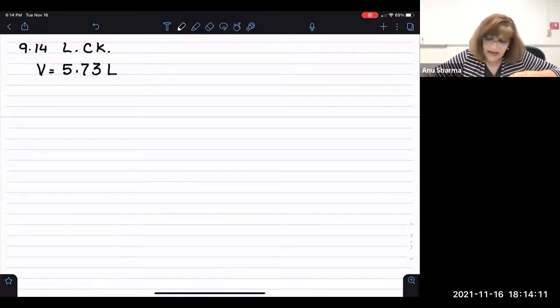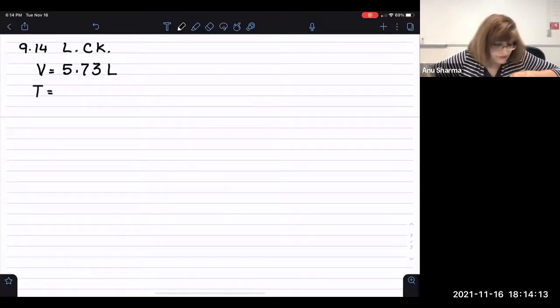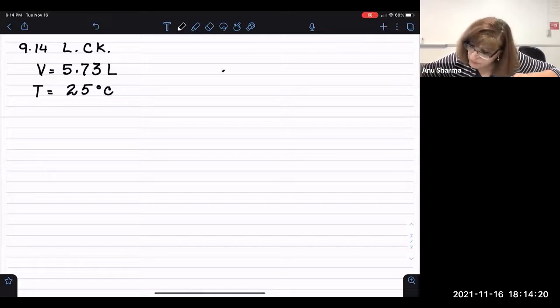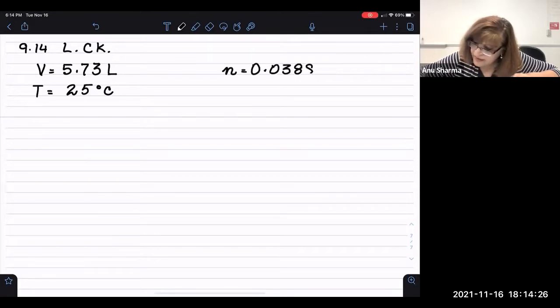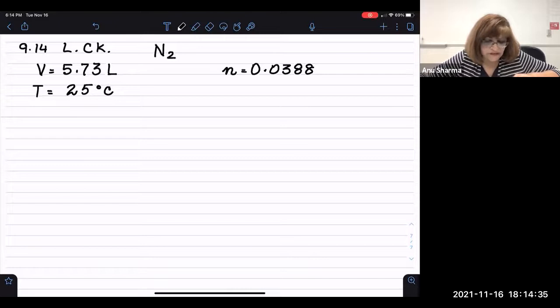It's a flask at the temperature of 25 degrees Celsius, containing 0.0388 moles of nitrogen gas. This is a good thing: once you have the identity of the gas, then at least you can get the molar mass and many things.